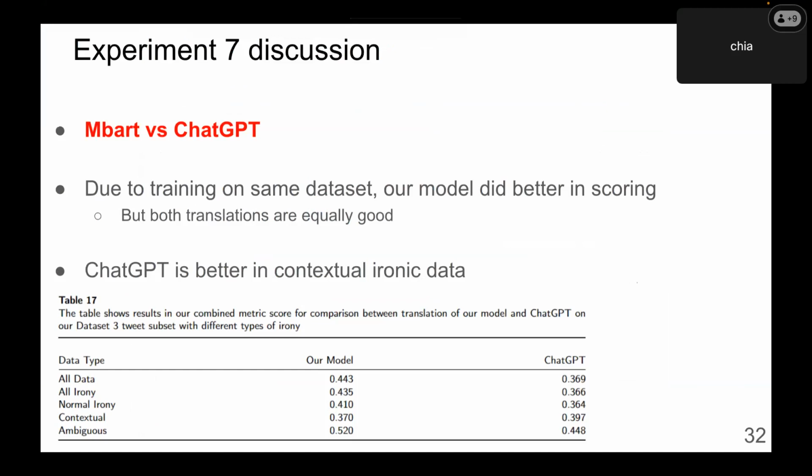But ChatGPT sometimes applies some other structure which has the same meaning but just a different sentence structure. That's why the evaluation metric gives it a lower score. But actually they have the same translation.